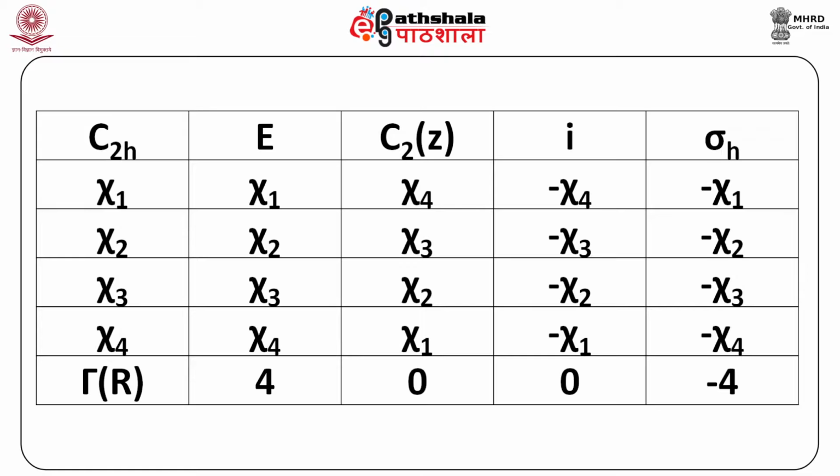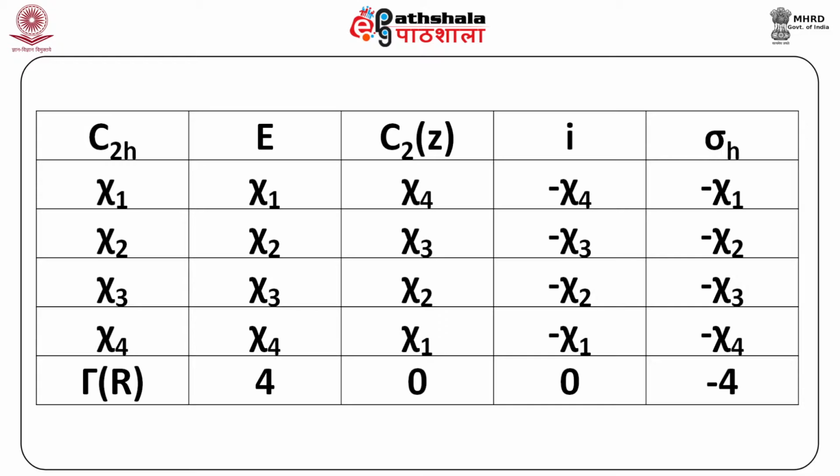Sign does not change because it is the 2pz orbital. I will exchange chi1 and chi4 and also change the sign of the orbitals, and sigma h is reflection in the plane. So, chi1 will remain in place, but its sign will change, and similarly chi2 will also show similar behavior.